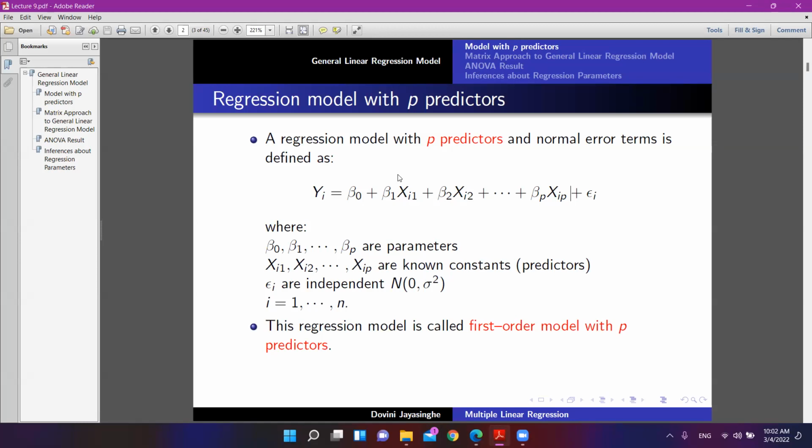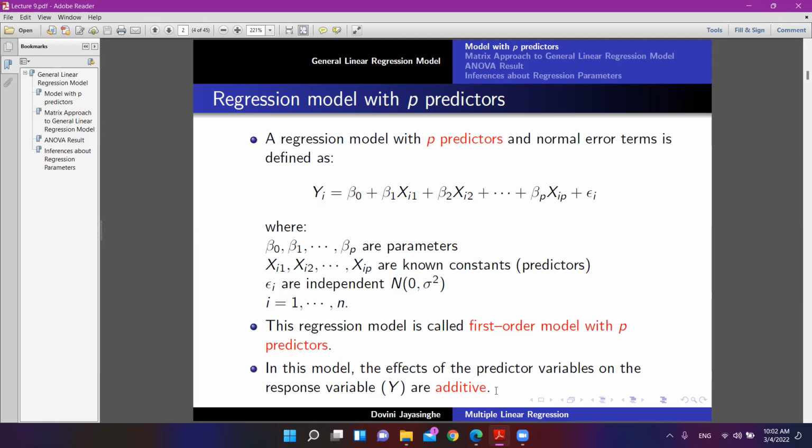That depends, and that comes under model improving. From scratch, this is the simplest model that we can come up with. We call it the first order model with P predictors, first order because all the predictors are to the first power.